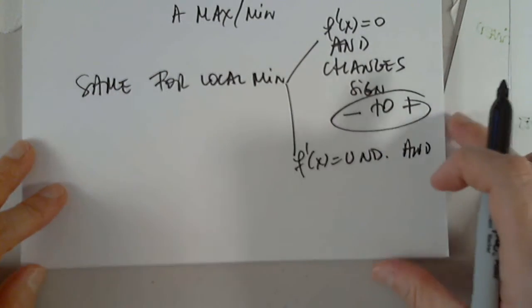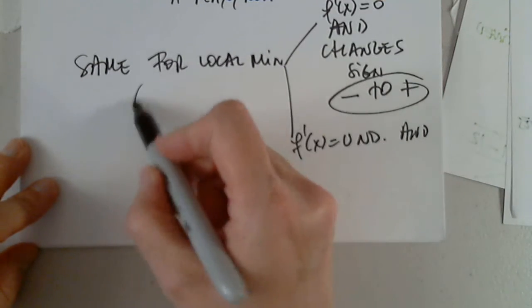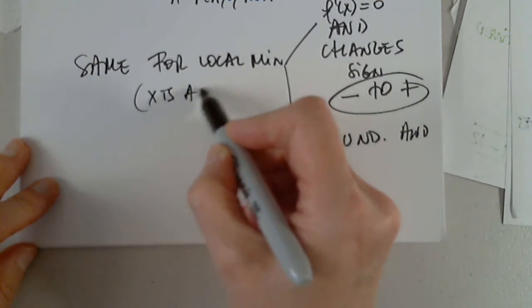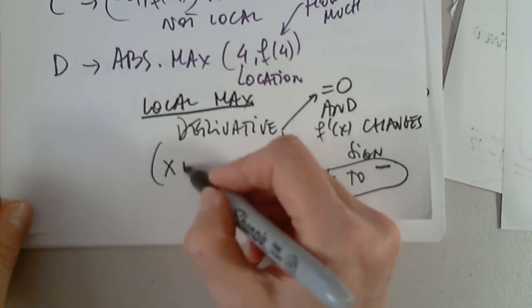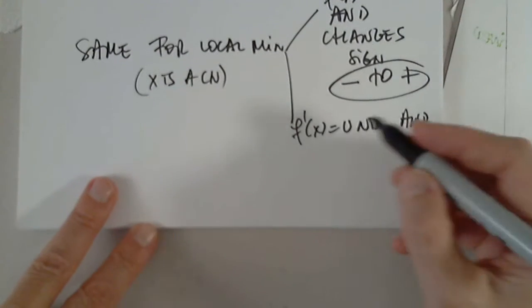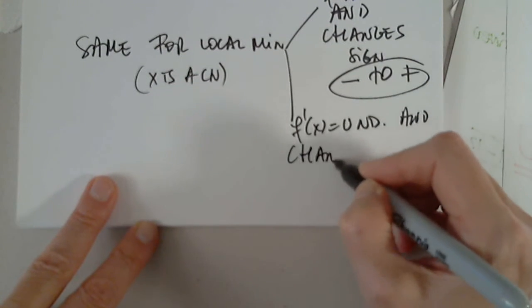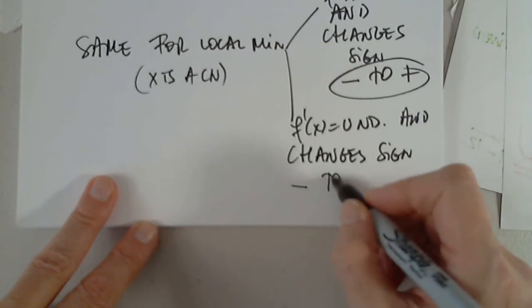So it has to be a critical number. So all these must be critical numbers, right? So x is a critical number. Otherwise, if it's not a critical number, we cannot talk about max min. So I'll put in parentheses, x is a critical number. And changes sign negative to positive.